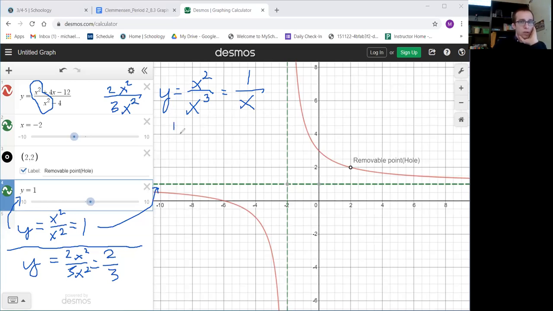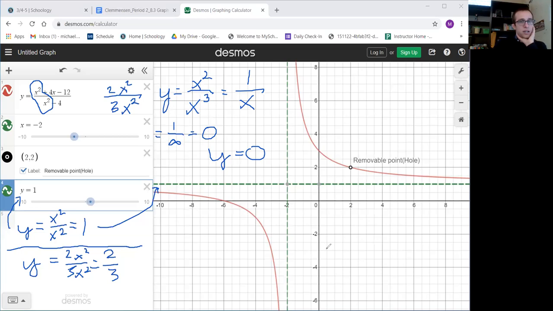We have 1 over an infinitely big number, which gives us pretty much 0. And so our asymptote will be at y equals 0. That specifically happens when my numerator's power is smaller than my denominator's power. Right?